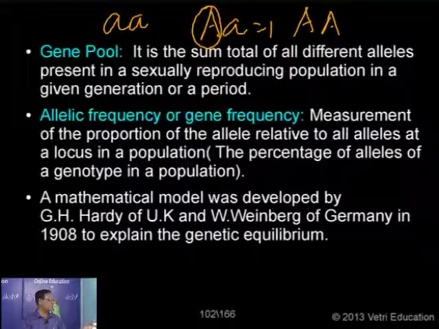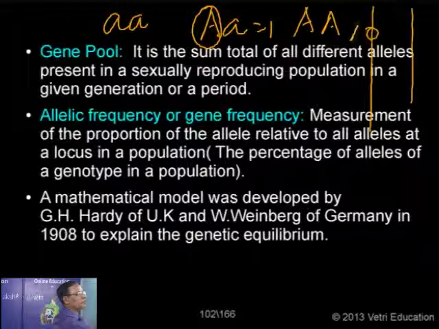So it is the measurement of the proportion of the allele relative to the alleles at that locus. Take an example: a locus is a point where a particular gene is located. We are taking locus 1, where the gene A is located. We calculate the proportion of capital A out of the total of A and a located at that locus 1.